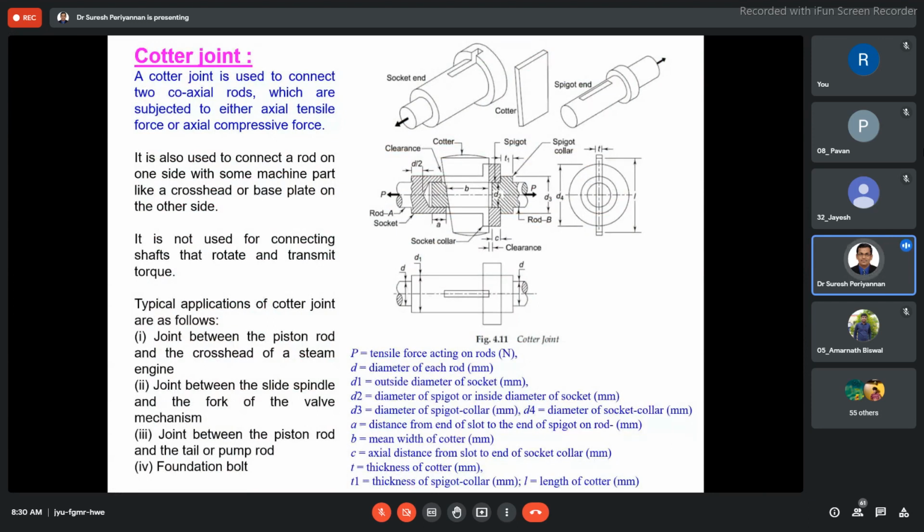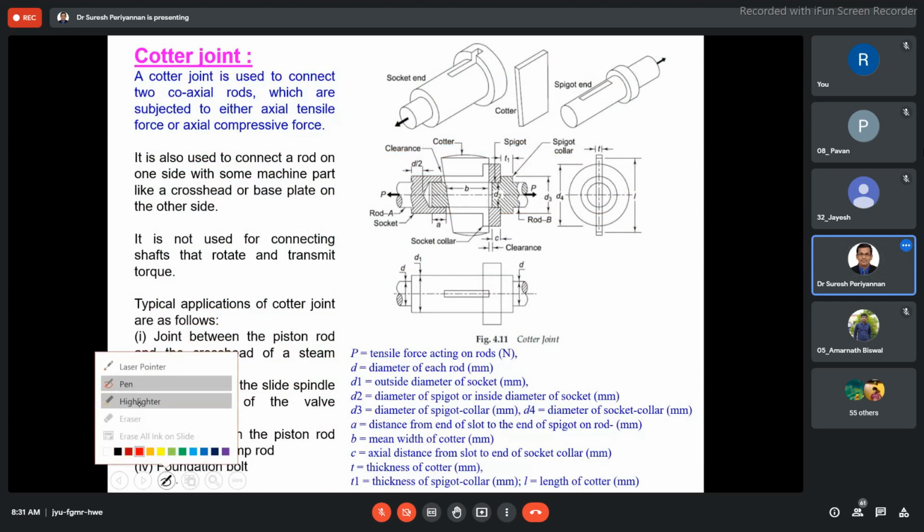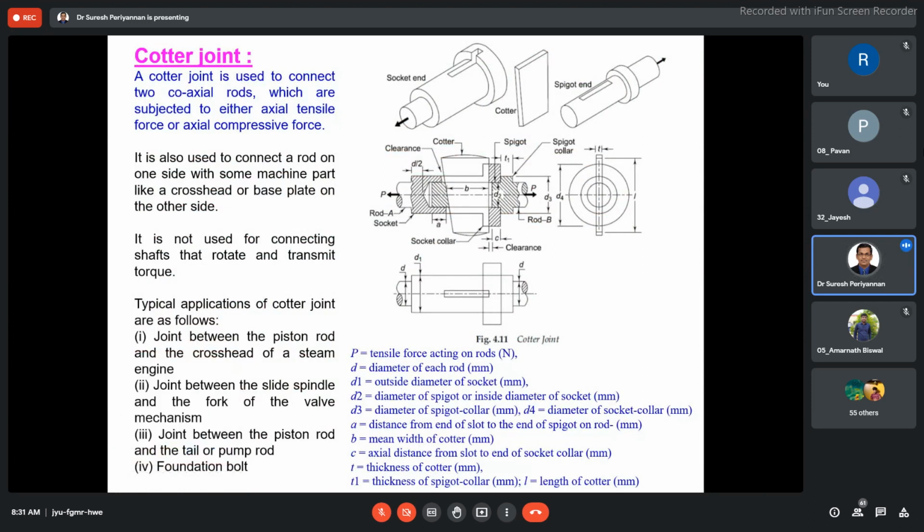The cotter joint can also be used to connect the rod on one side with some machine part, like a crosshead or base plate on the other side. Mostly these are the typical applications you see here.